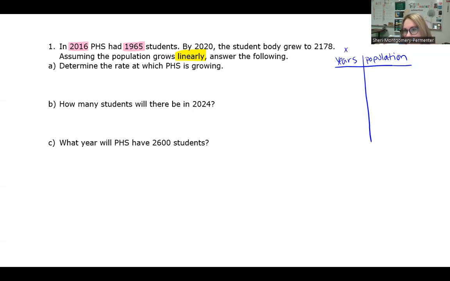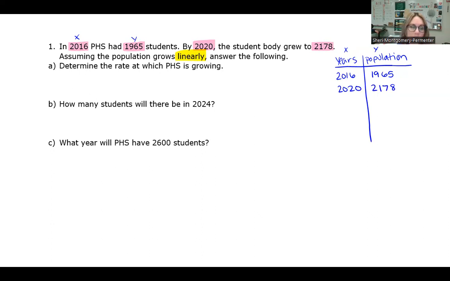This is X, this is Y. And then I know that by 2020, it grew to 2178. So we need to figure out how to fill in our table.